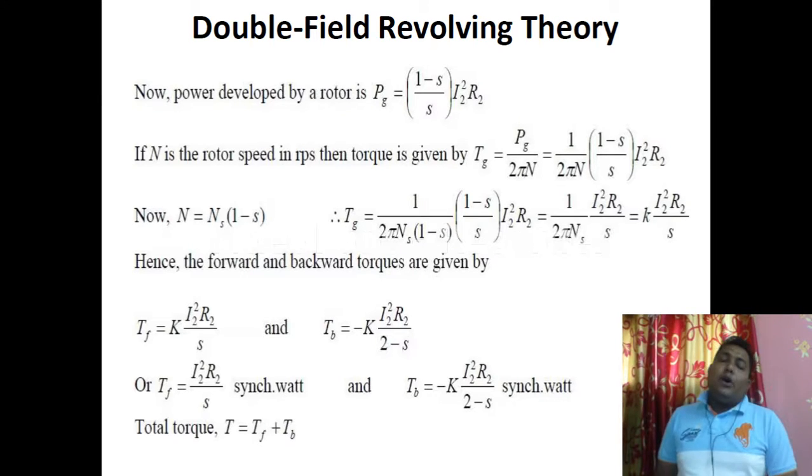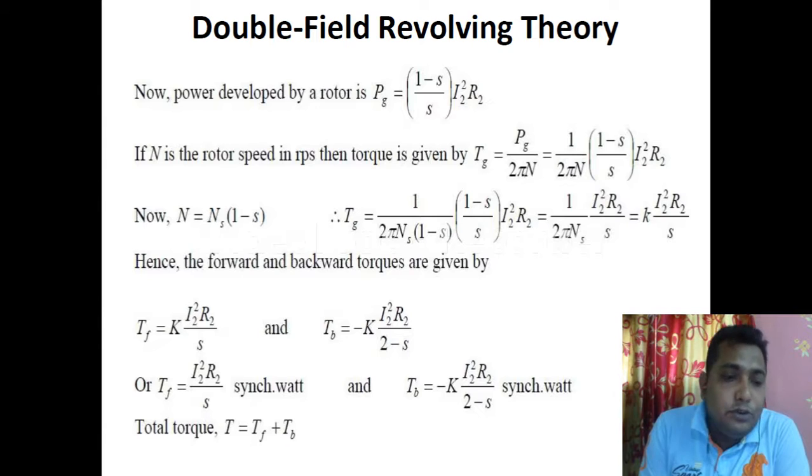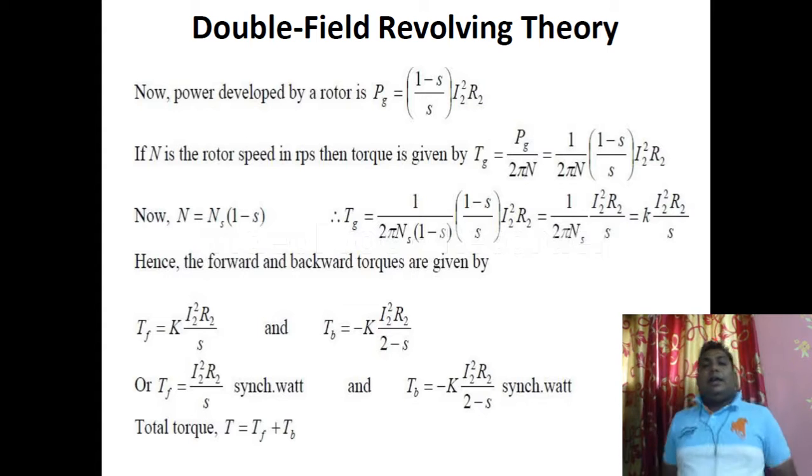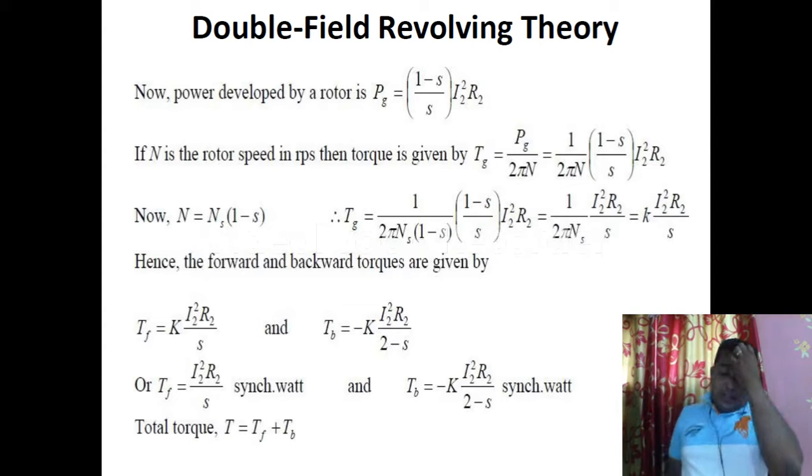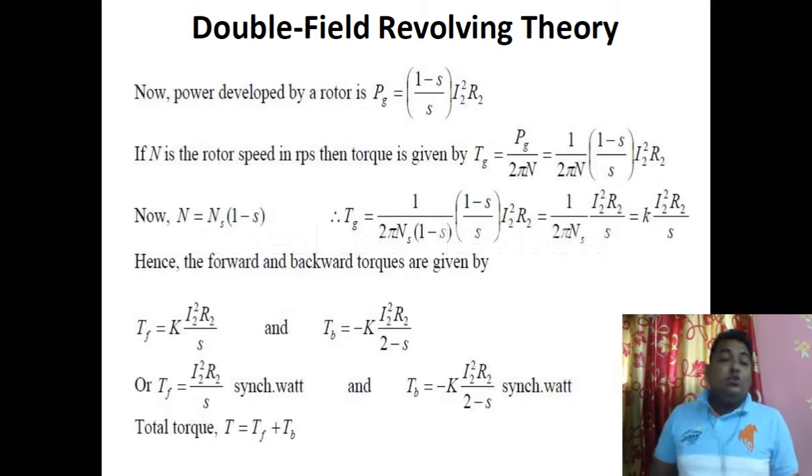Hence the forward and backward torques are given by Tf is equal to k I2 square r2 by s, and Tb, the backward torque or reverse torque, different names are there, is equal to minus k I2 square r2 by the backward slip, that is 2 minus s. Okay, so we will use that over here.